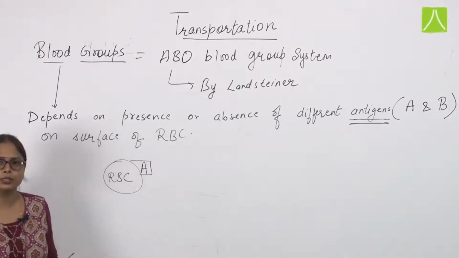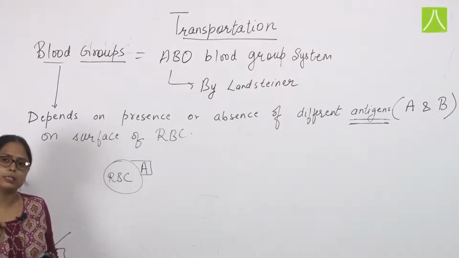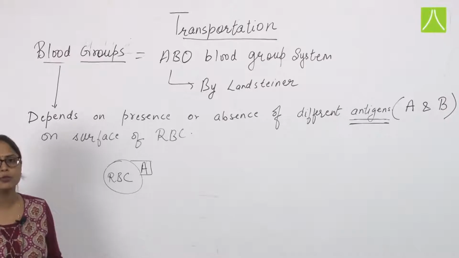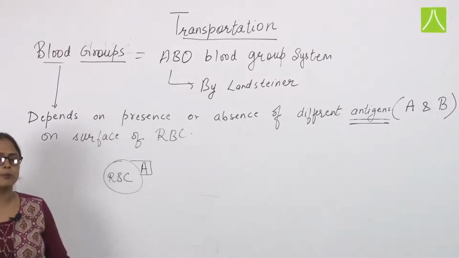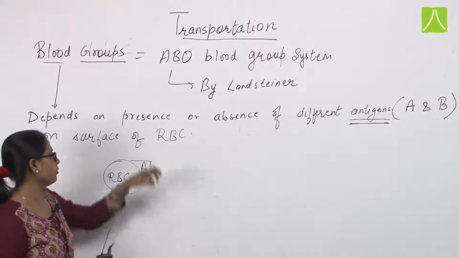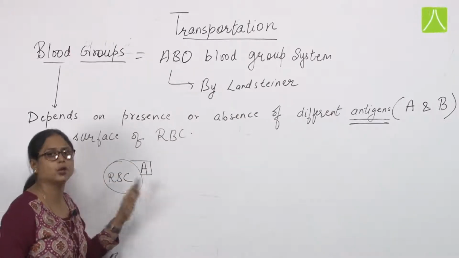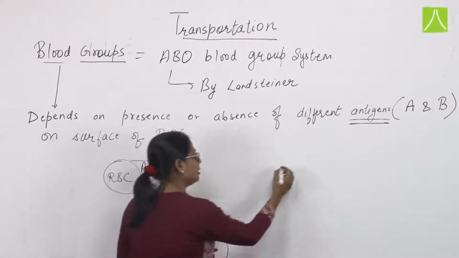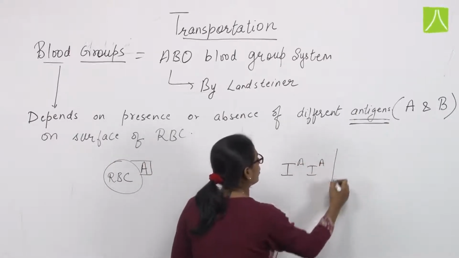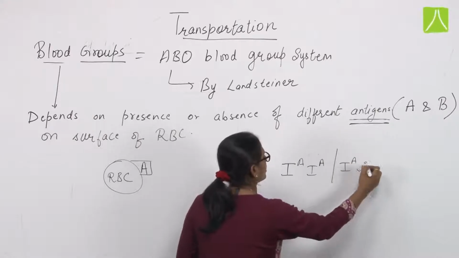That information of enzyme synthesis is stored in our gene, and the genotype, or the symbolic representation of that gene by which we are attaching the antigen A on the surface of RBC, is represented by IA, or I with a small superscript A.